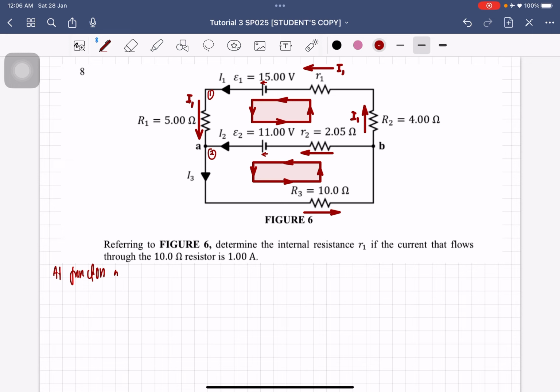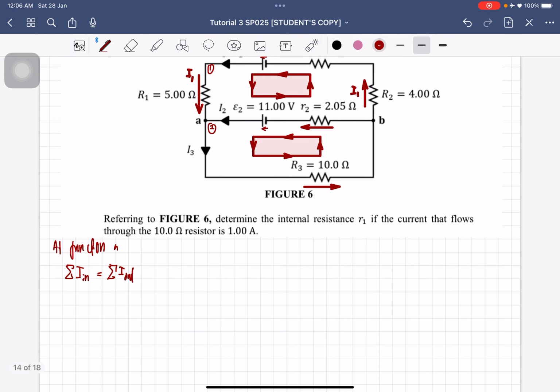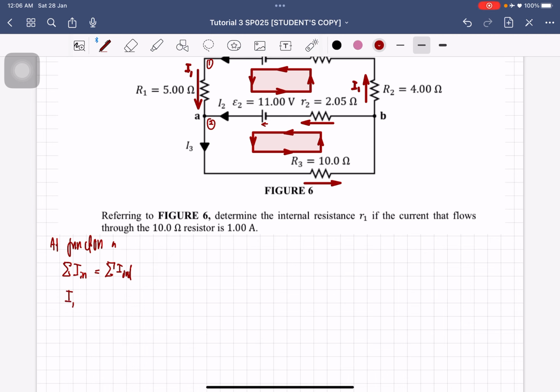At junction A, the total current going in should be equal to the total current going out of the junction. What is the current that is going in? It is I1 and I2, and the current going out is I3. This is basically our first equation.